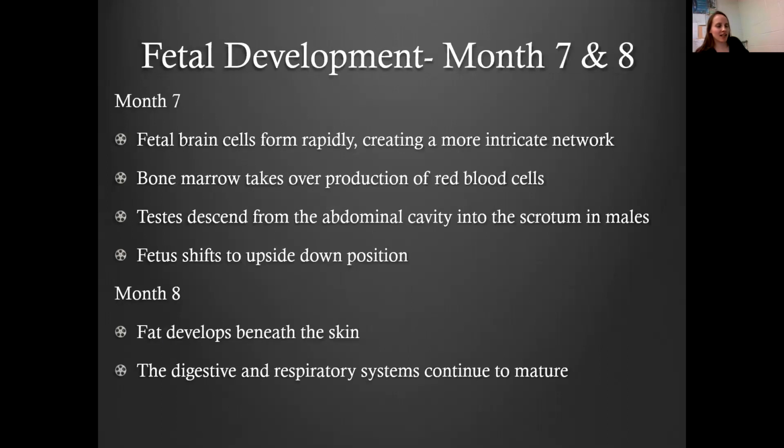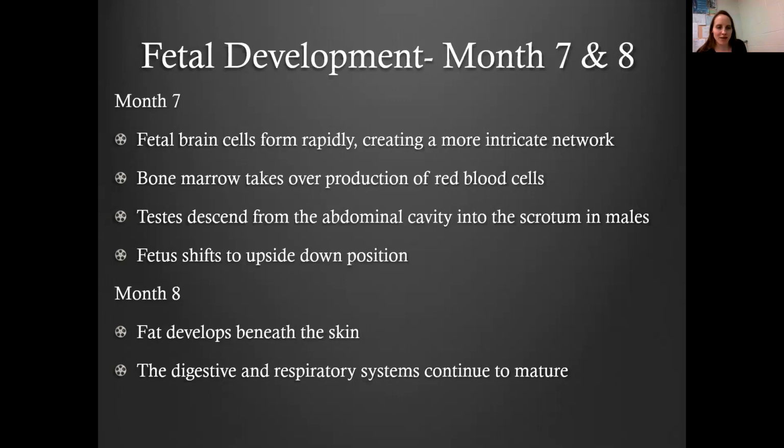So in month 7, you still have a lot of brain cells forming. You'll realize that through almost the entirety of embryonic and fetal development, we have a lot of brain cells forming. Brain growth is super important throughout most of pregnancy. But at this point, you have really intricate neural networks forming.